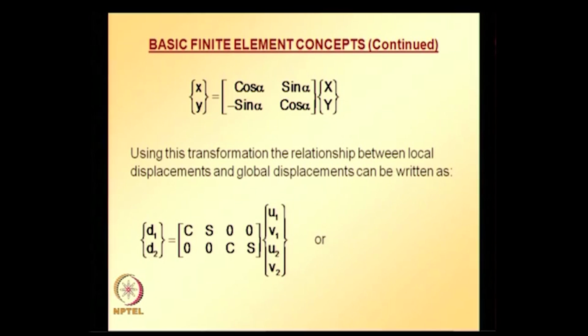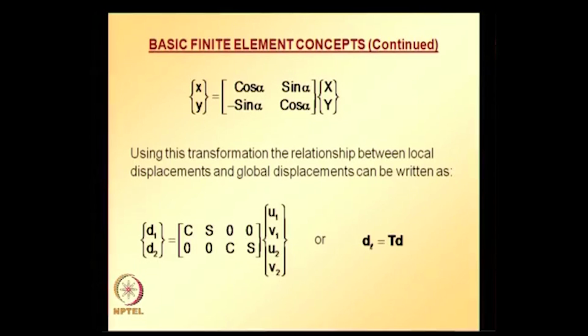Similarly, d2 is cos alpha u2 plus sin alpha v2, which can be written in matrix and vector form in the manner shown in the slide, and this can be compactly written as dl equals T times d. Here dl is the displacement vector in the local coordinate system, d is the displacement vector in the global coordinate system, and T is the transformation matrix, which is cos alpha, sin alpha, 0, 0, 0, 0, cos alpha, sin alpha.